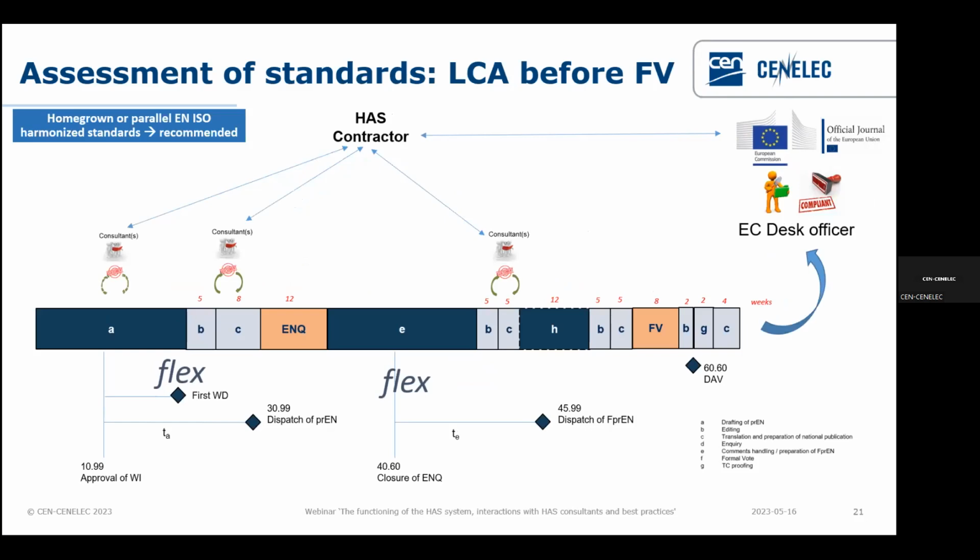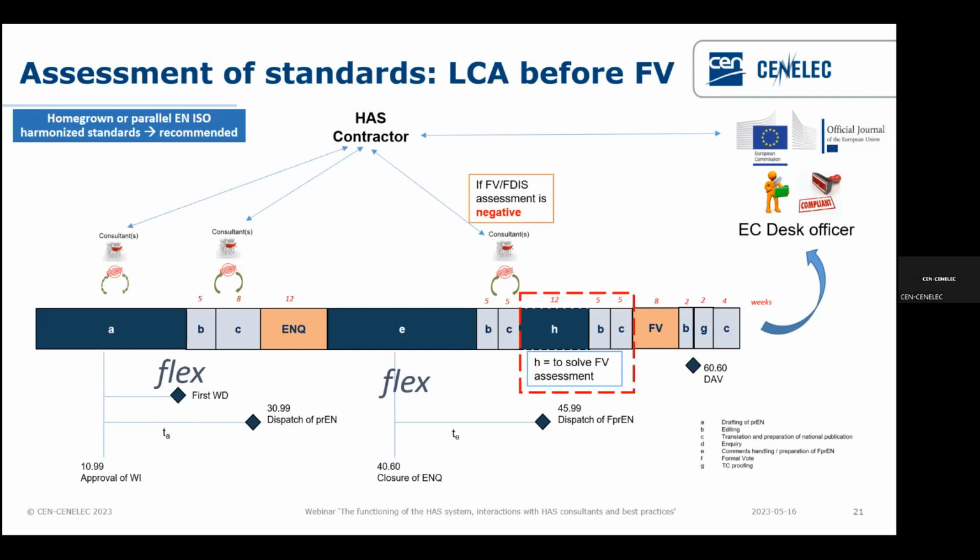So, the last conformity assessment. This last stage is done, as I said, if in the formal vote assessment there is a lack of compliance outcome. Normally, this stage should be done before the formal vote, so that the TC can address all the comments from the consultants.